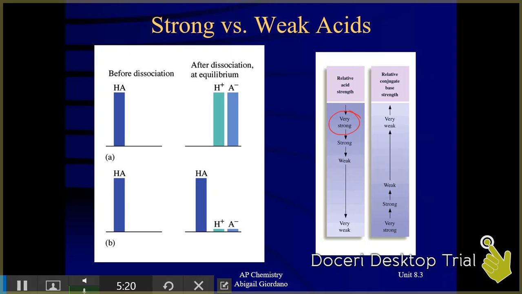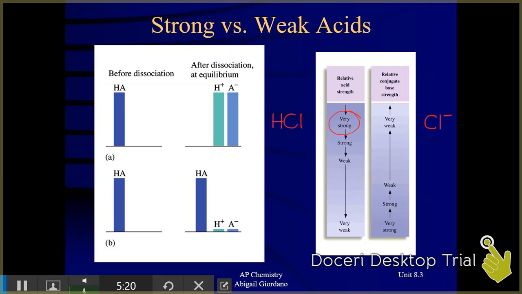And just something else to think about. Let's say we're dealing with a very strong acid, like HCl, for example. That's one of our 6 strong acids. If I asked you, what is hydrochloric acid's conjugate base? Hopefully you would say Cl minus.